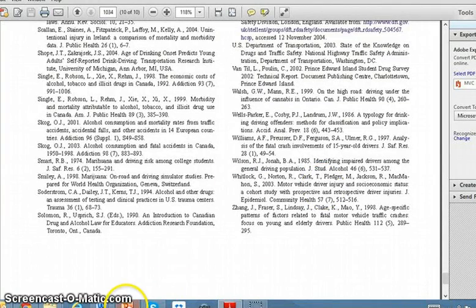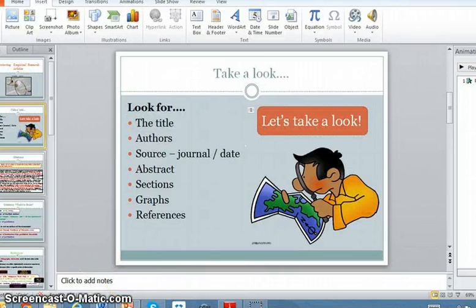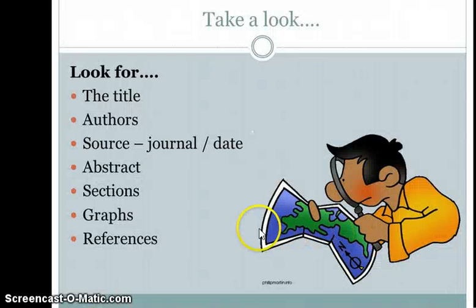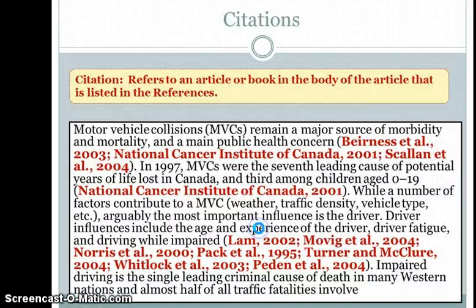So now let's go back to our PowerPoint presentation. We have a few more slides to look at. The next thing we want to look at are citations. Citations are those references to all the different articles or books, and they appear in the body of the text.